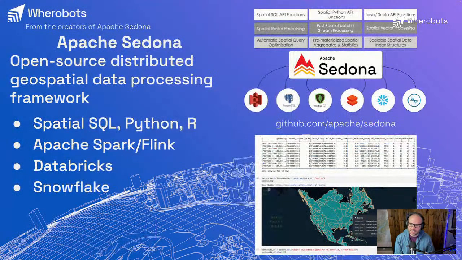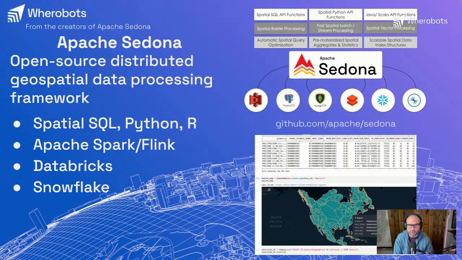If you're not familiar with Wherobots, Wherobots is a company that was founded by the creators and core maintainers of Apache Sedona. Apache Sedona is an open source distributed framework for large scale analytics of geospatial data. So you can think of Apache Sedona as extending the functionality of a distributed data processing framework like Apache Spark or Snowflake or Databricks, and adding functionality for working with native spatial types, so points, lines, polygons, these kinds of things.